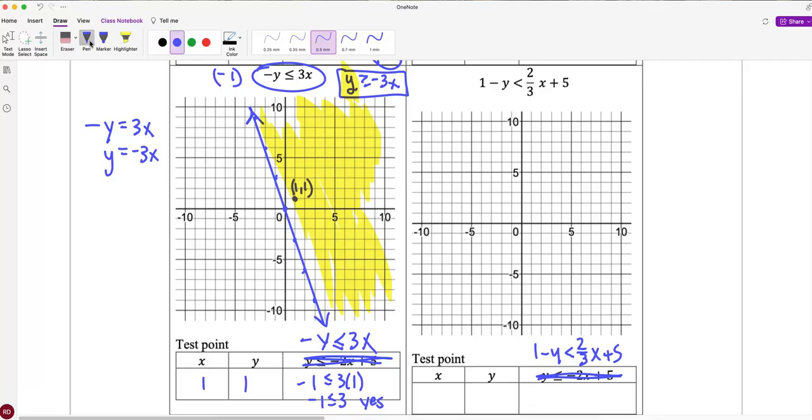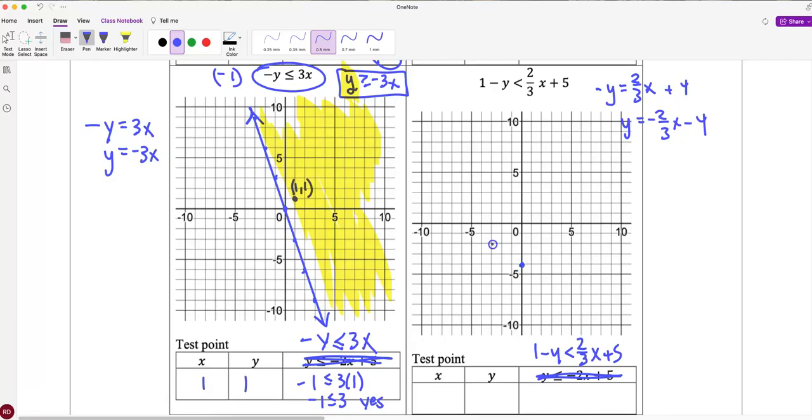I need to graph y equals 2/3 x. So it's negative y equals 2/3 x. If I subtract that 1, so +4, or y equals -2/3 x minus 4. That's the line that I need to graph. So at -4, and the slope is -2/3.